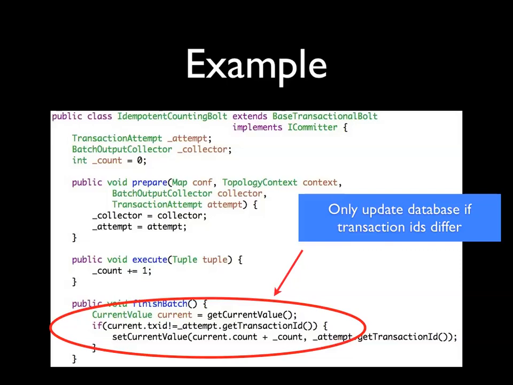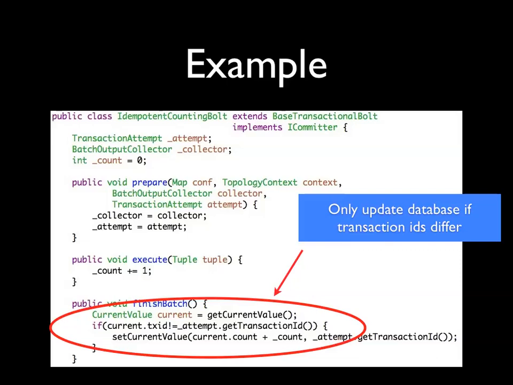So let's think about why this works. Let's say you have 6 tasks in this idempotent counting bolt. Let's say you go to commit a batch, and 3 of them succeed, so they update the database, and 3 of them fail, and they don't update the database. So you'll go ahead and retry the batch, you'll recommit, and the ones that succeeded before will see, oh, this transaction ID is already in the database. I've clearly already done this processing before.